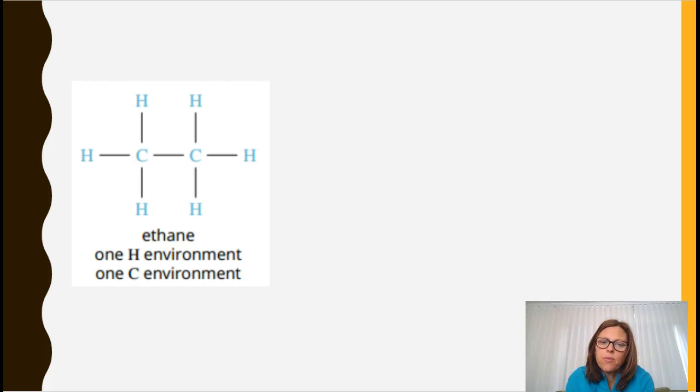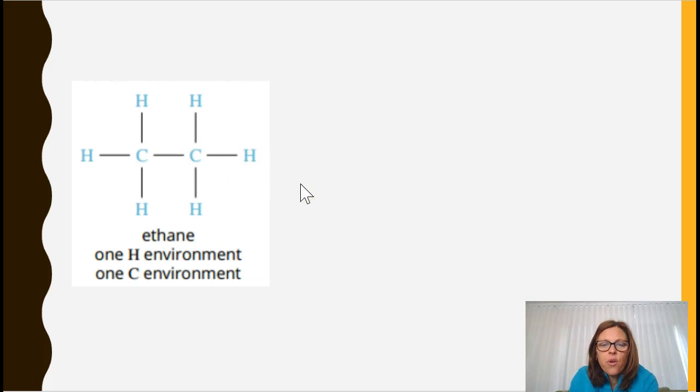If we're looking here, we've got ethane. In this case, we've got one carbon environment and one hydrogen environment. If you look at the 6 hydrogen atoms here, the 3 on the left are all attached to one carbon that is attached to another carbon via that single bond. And the ones over here on the right, we too have 3 hydrogens attached to one carbon that is attached to another carbon.